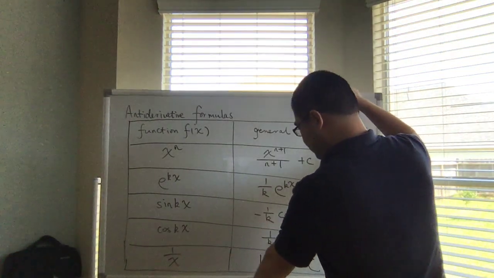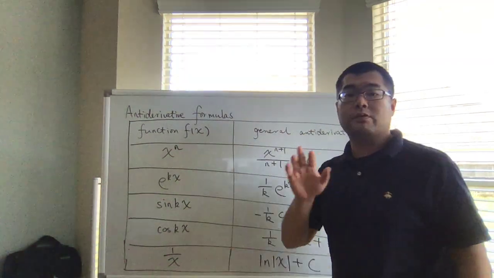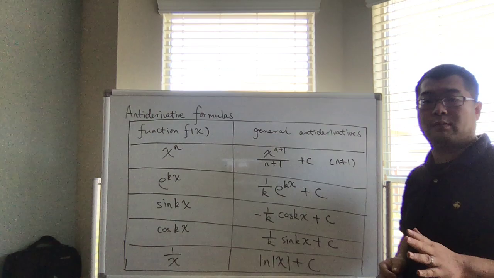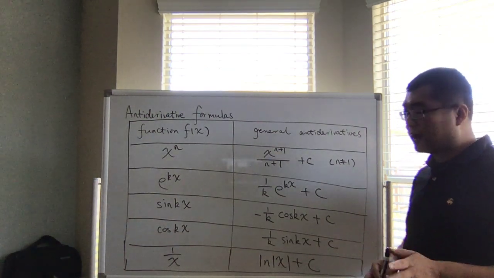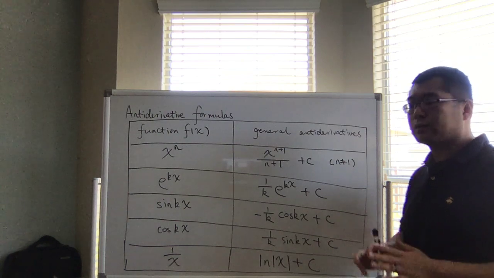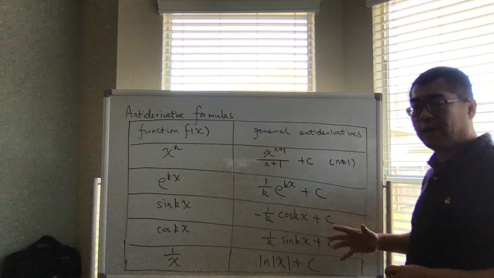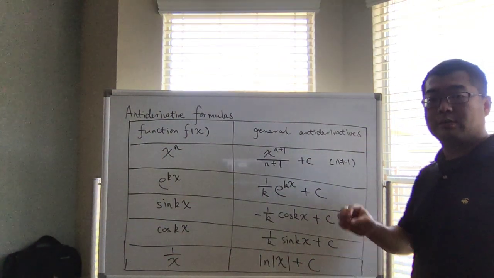Fancy, right? So let's see, 1, 2, 3, 4, 5. Those 5 antiderivative formulas, you have to know them, okay, guys. They're going to be on our test. Of course, there are more formulas, but those 5 are the most important and fundamental ones so far.